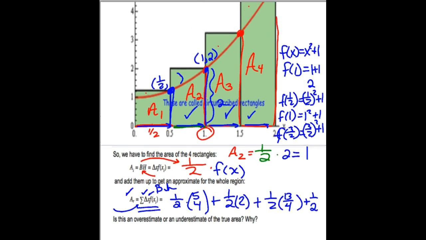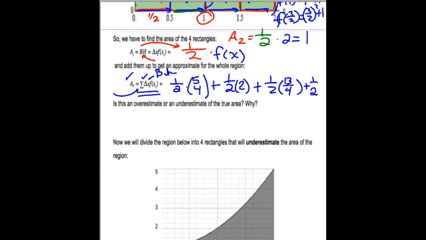Last, I need to get the area of this last rectangle. And it is, again, having a base of a half, but its height is all the way up to here on the right-hand side of the curve. This whole thing is the height of the 4th rectangle. Well, that's at the point 2 comma f of 2. And f of 2 is 2 squared plus 1, so it's just 1/2 times 5.